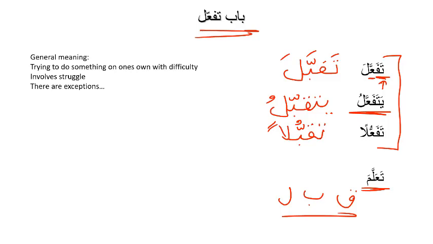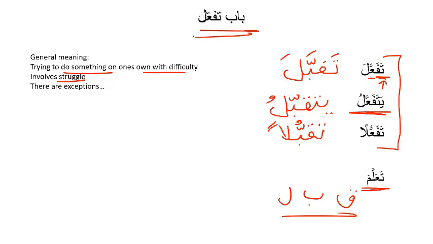This means to accept something, like qabul karna, which involves a compensation. Sometimes it also involves trying to do something on your own, and there is some difficulty or struggle involved. Taqabbala means you are accepting something, but there is a compensation involved.